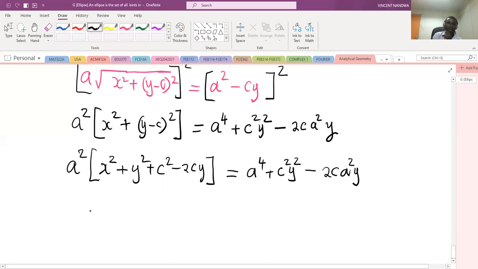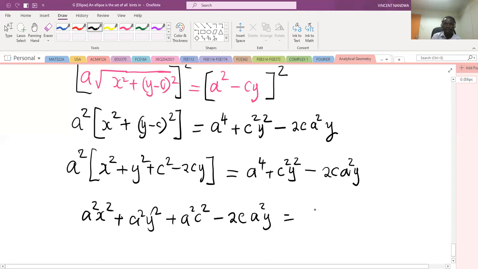Now you open the brackets here: a squared x squared plus a squared y squared plus a squared c squared minus 2c a squared y equals a power 4 plus c squared y squared, and then minus 2c a squared y.